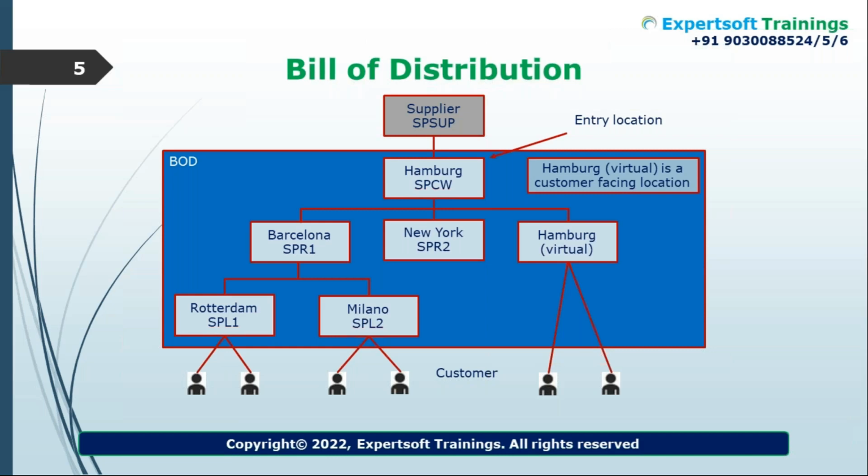What is your entry location, what are your customer facing locations, and accordingly all the planning will take place. So we will see how to create the bill of distribution, how to assign the parts, how to plan those parts as per the BOD, and what the different concepts are: future BOD, then virtual location. All these concepts we'll see in detail.